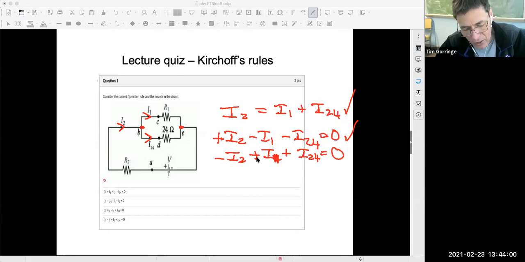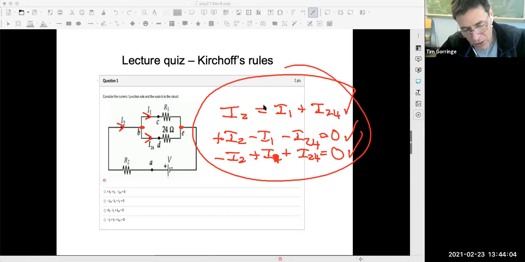Again, that's an equivalent equation. All of these are the same relationship between the currents. And so all of these are valid answers to the problem. And so I wanted to illustrate there's different ways you can write the voltage rules, there's different ways you can write the current rules.